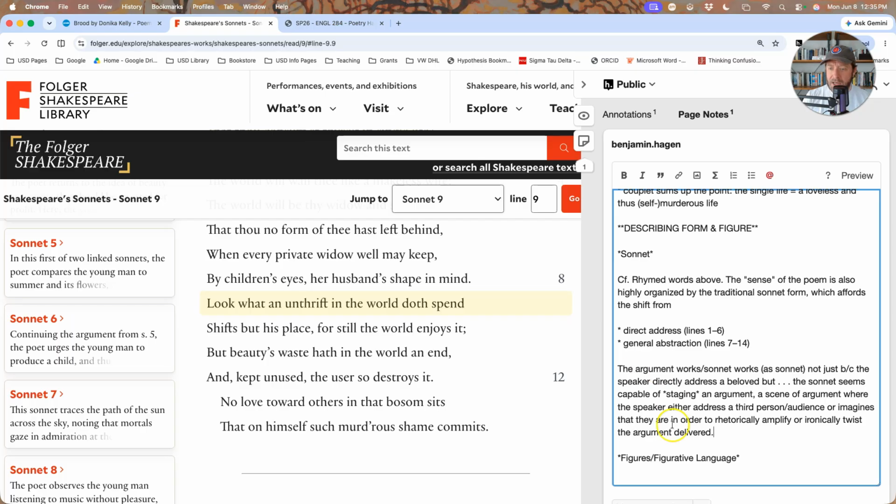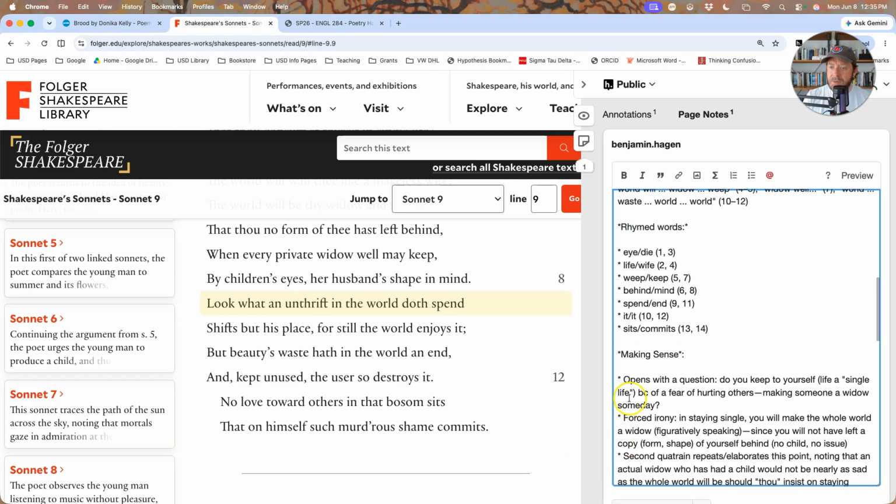And in that sense, we can also think about how the rhymed words also frame and structure those turns and twists, right? I mean, just glancing at this list of rhymed words: I die, life, wife, weep, keep, behind, mind, spend, and it sits, commits.